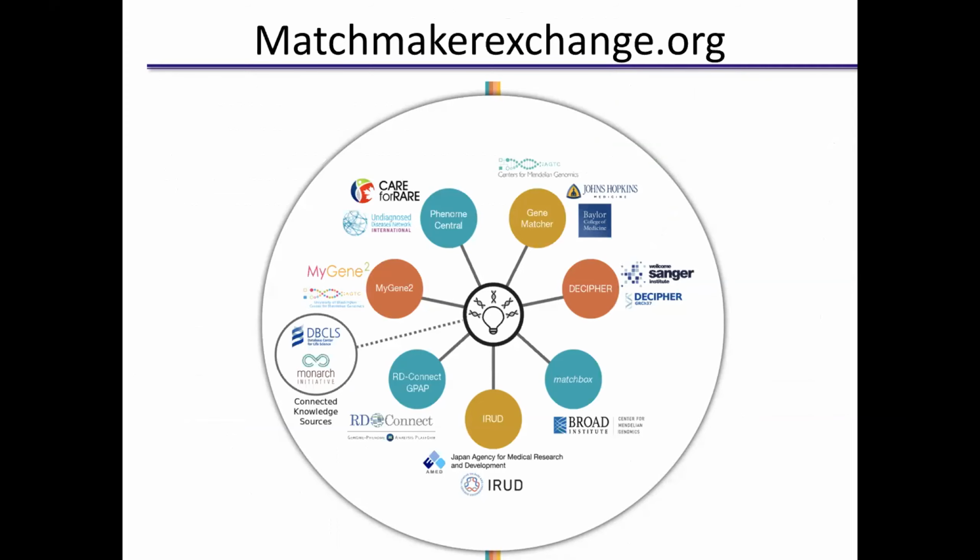So this is already a very large format for exchange of information. And it is linked to Monarch, which gets into information about model organisms. But one of the things that I think the world needs is a way to connect model organism researchers with knowledge of a particular gene or particular pathway with clinicians who might have patients with variants in those genes.